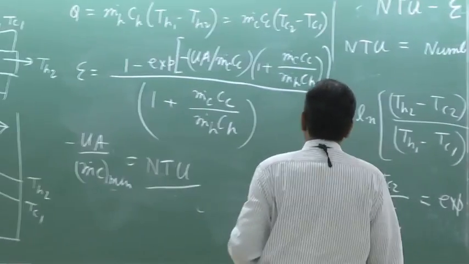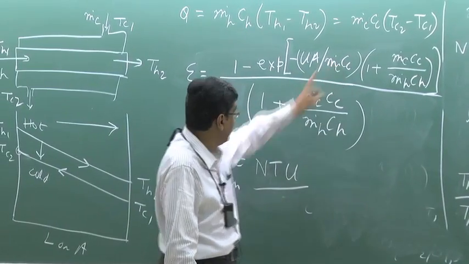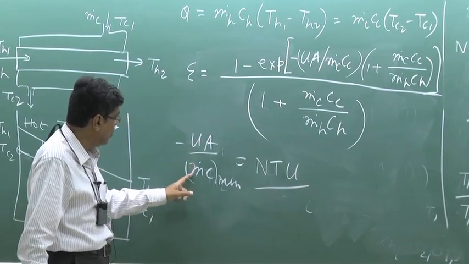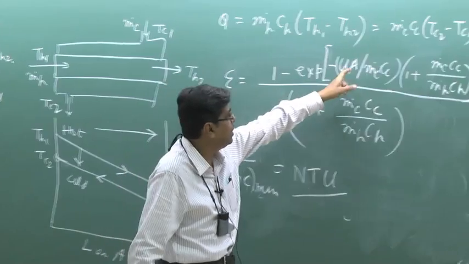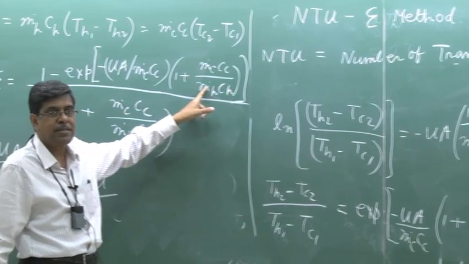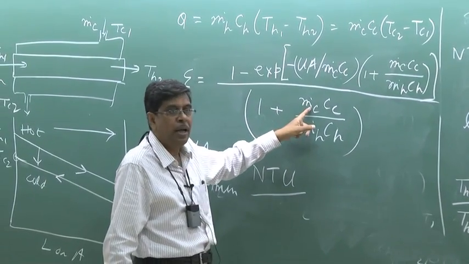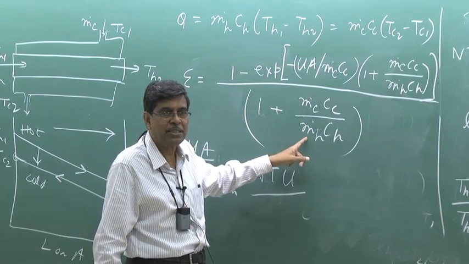If m dot h Ch is the minimum, then it will be m dot h Ch. NTU is UA by m dot c minimum, and this will be 1 plus m dot c minimum by m dot c maximum.